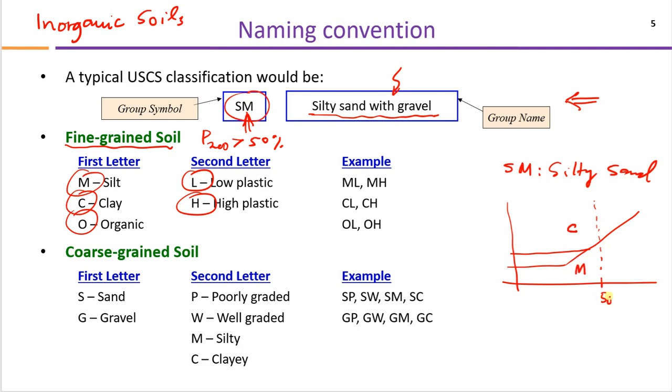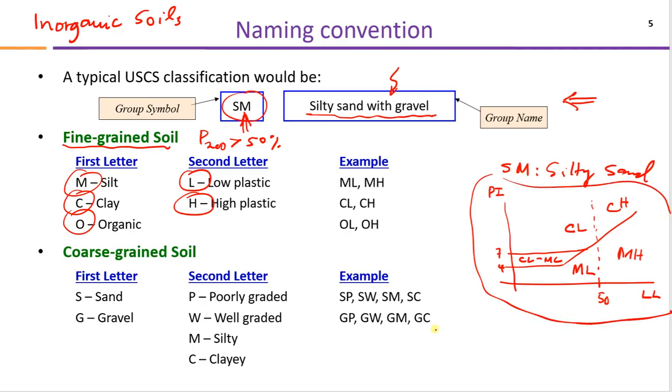If the liquid limit is more than 50, then the second letter is H, and if the liquid limit is less than 50, the second letter is L. Horizontal axis is liquid limit, vertical axis is plasticity index, and in this shaded area we have CL-ML. This is 4 and 7. So if you remember, we studied this chart in detail. Okay, so in case of coarse grained soils, granular soils, the first letter is going to be sand or gravel.